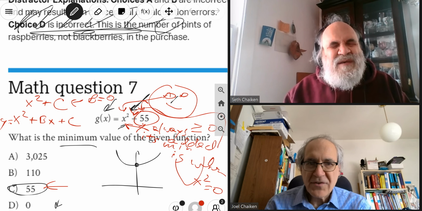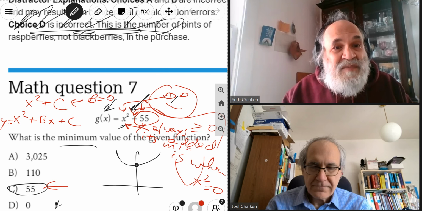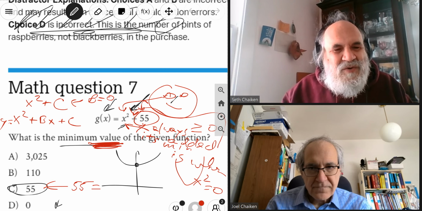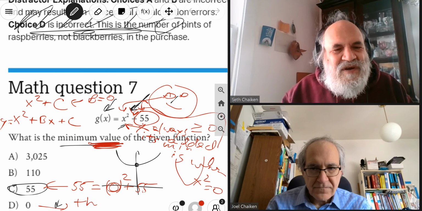Right. And then the other thing is when they ask for the minimum value, it's 55 because 55 is equal to 0 squared plus 55. They do not ask for the zero here.